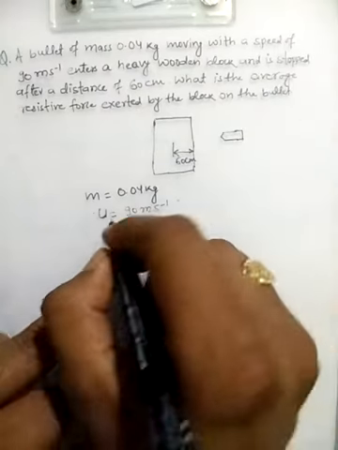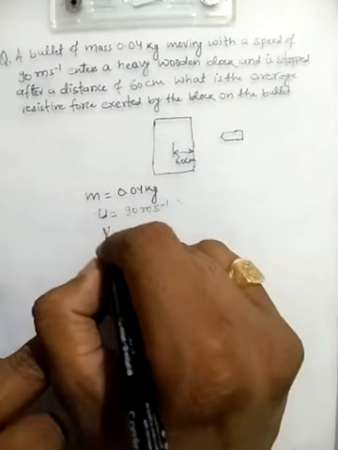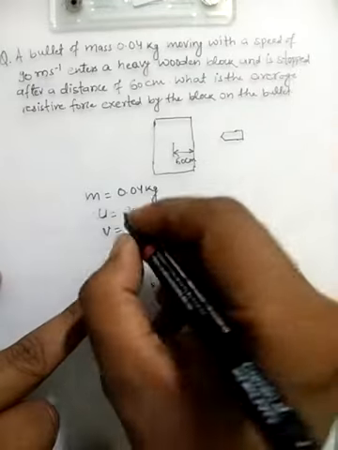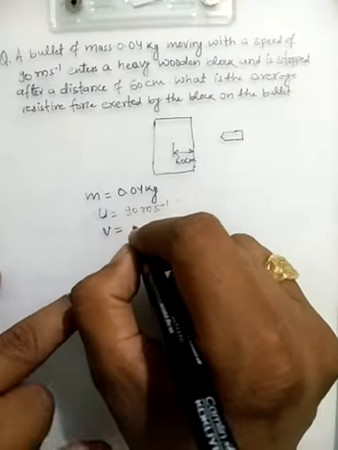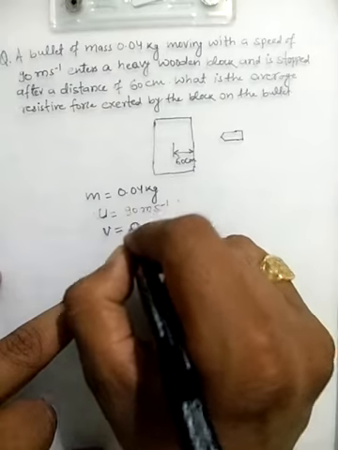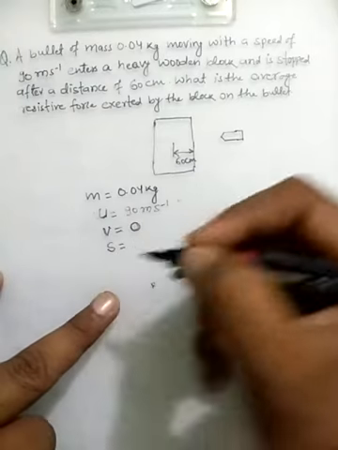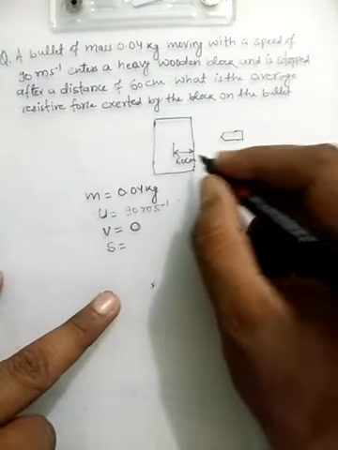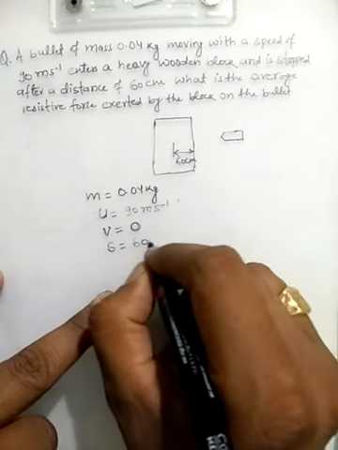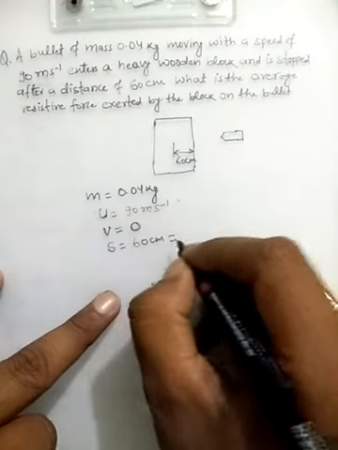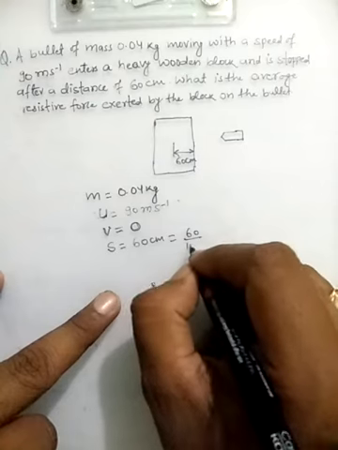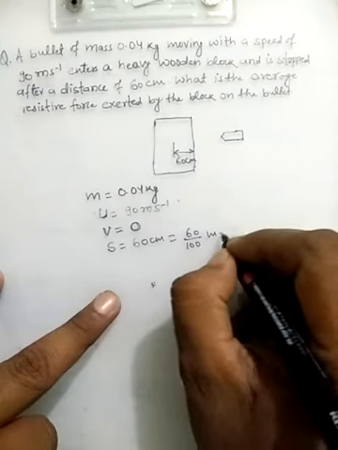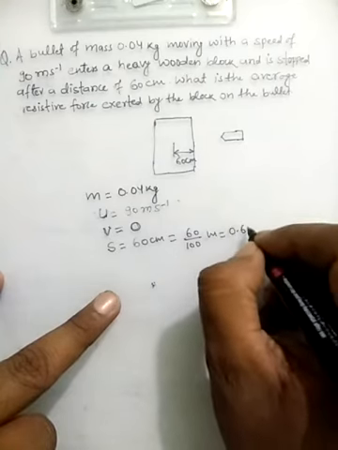Here, the final velocity of the bullet inside the block will be equal to 0, and displacement of bullet inside the block is 60 centimeter. It means 60 upon 100 meter, which is 0.6 meter.